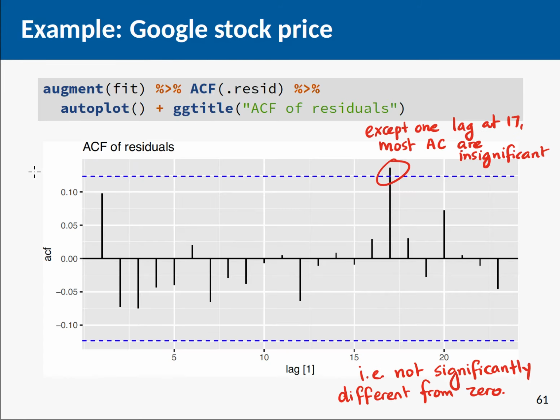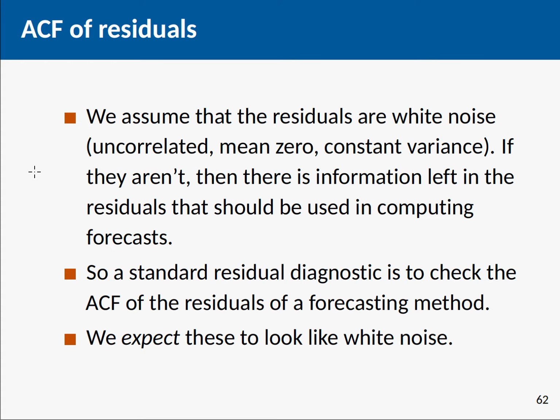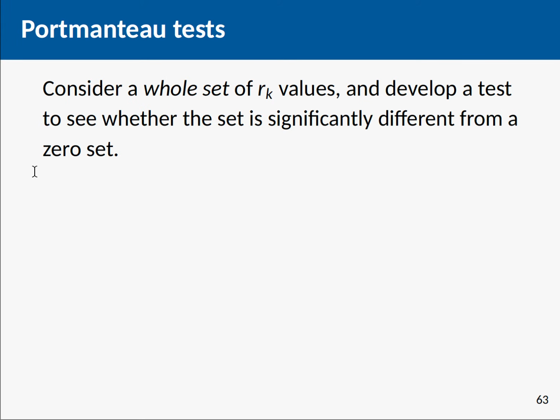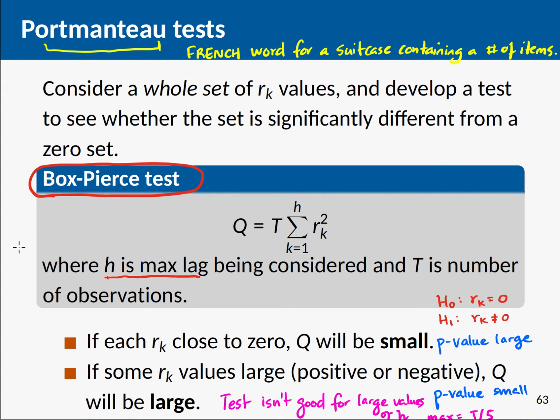One way is to just look at these, but the other way is to use some kind of a sophisticated test. There are two types of tests that we'll talk about. One is called the Box-Pierce test, and the other one is called the Ljung-Box test. They are types of Portmanteau tests that consider a whole set of autocorrelation values to see if that entire set is significantly different from a zero set.